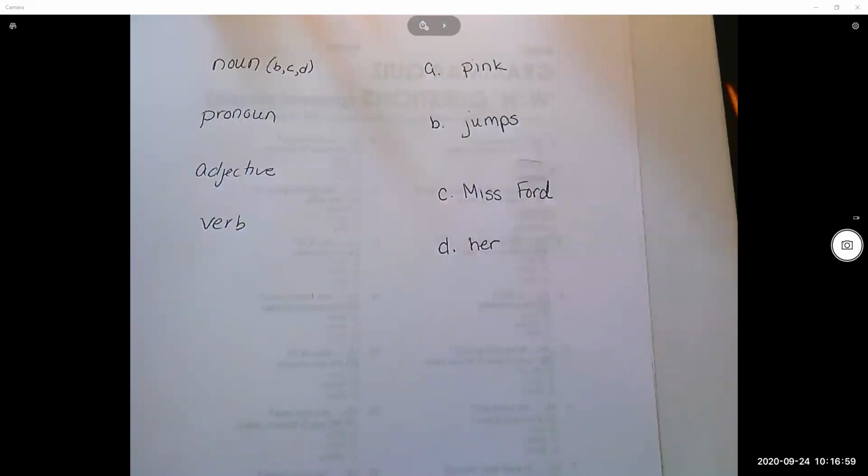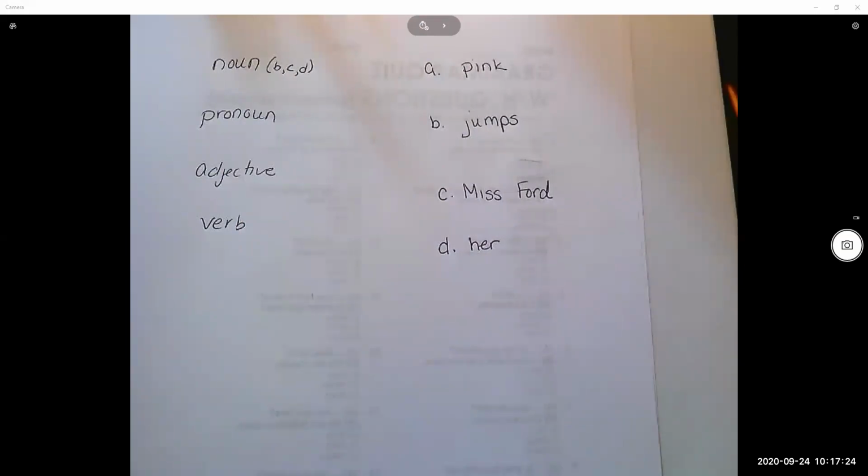Let's take a look at my next one. Pronoun. Ooh, a pronoun replaces a word in a sentence. Can pink replace a noun? No. Can jumps replace a noun? No. Can Miss Ford replace a noun?